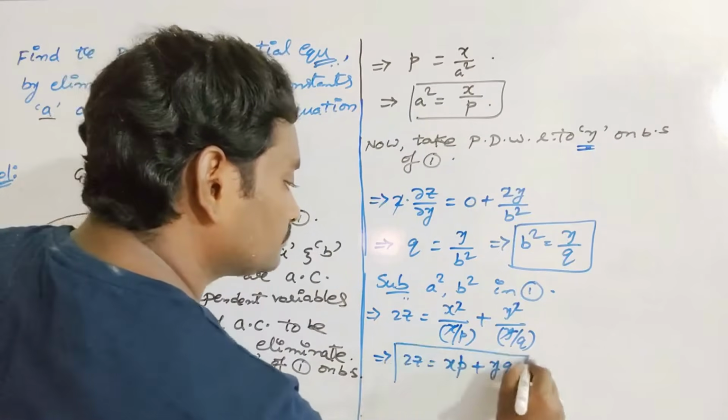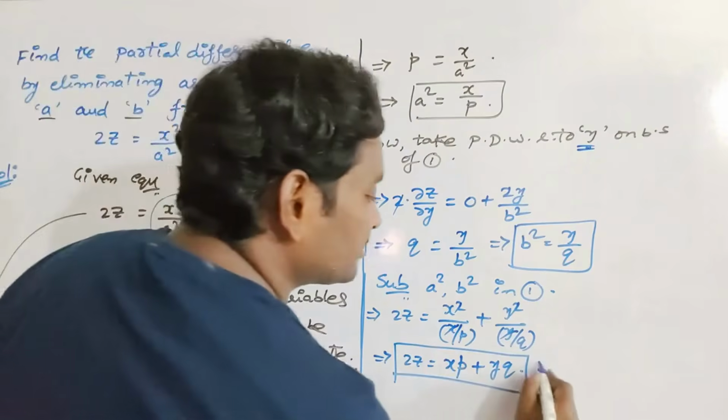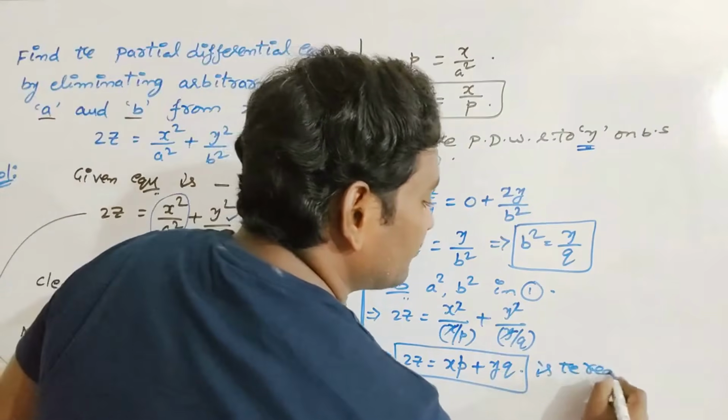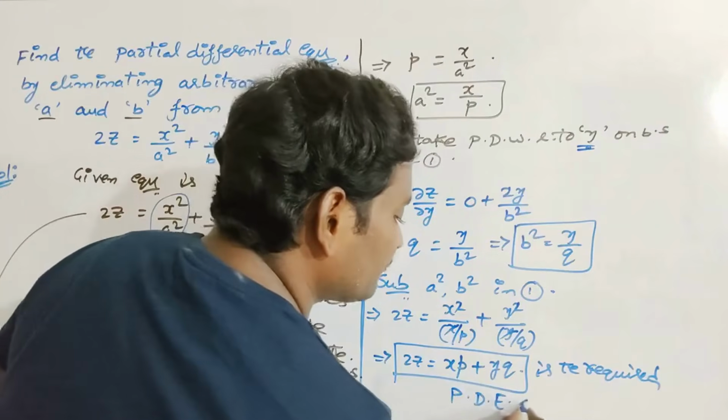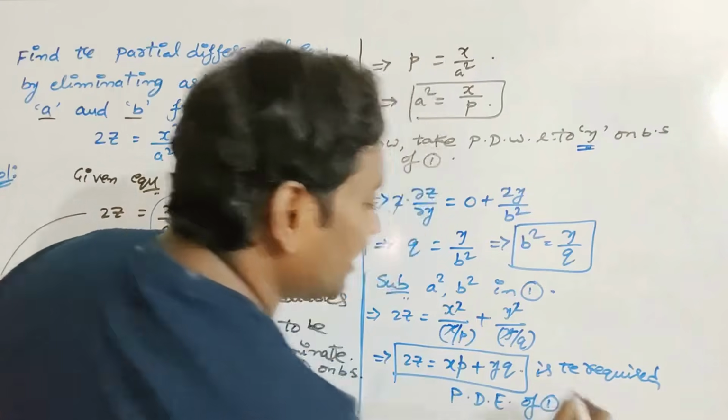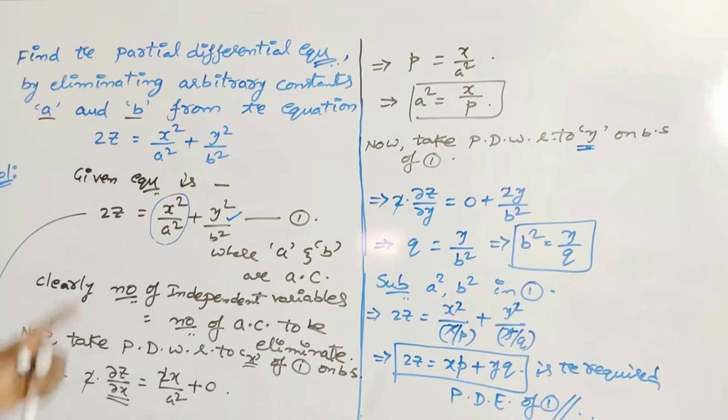This is the required partial differential equation. In this way we can eliminate the parameters.